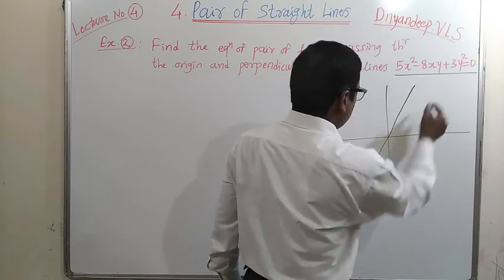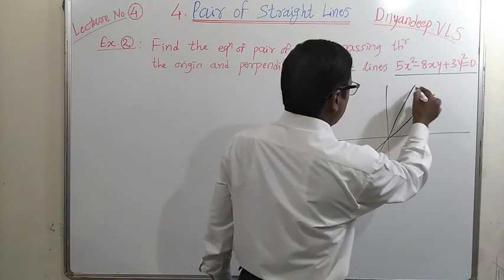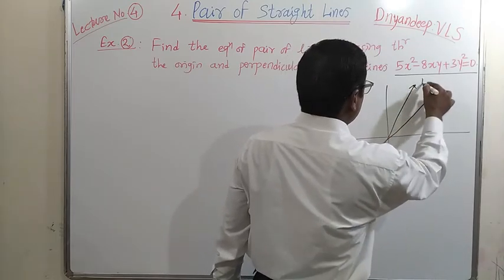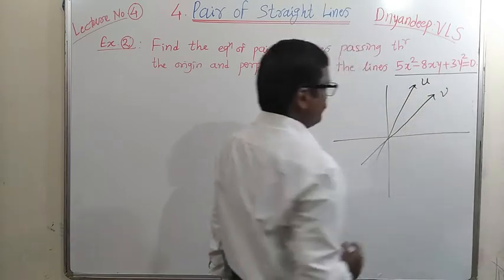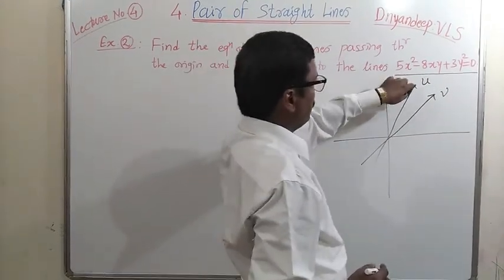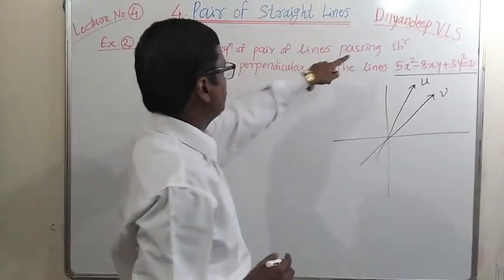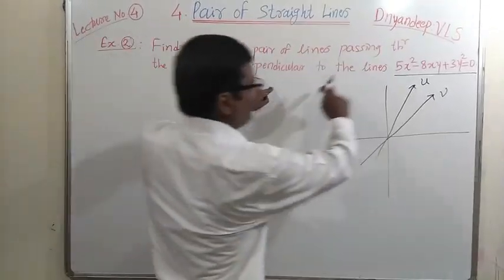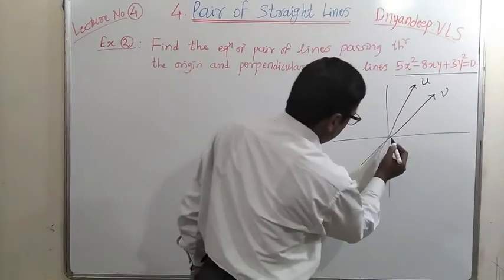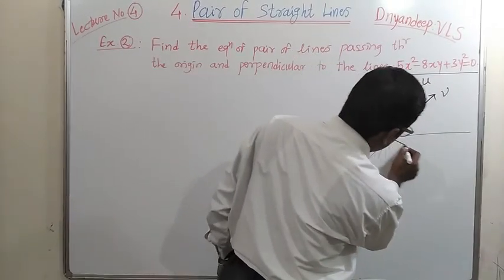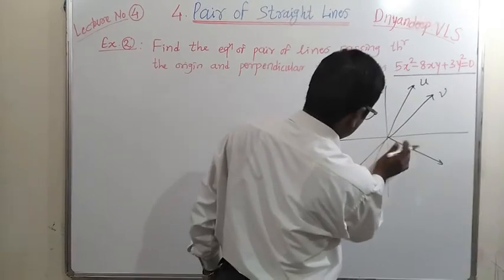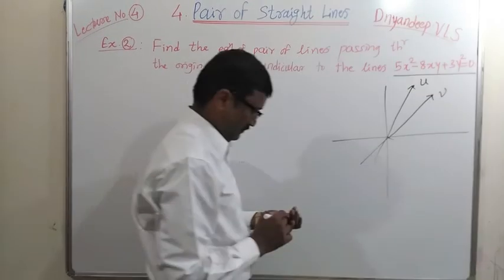Initially, in this case, two lines are given. Let us suppose these as lines U and V. This is the combined equation of these two lines. But here we want to find the equation of pair of lines passing through origin and perpendicular to these two lines. So one line perpendicular to U will be like this.